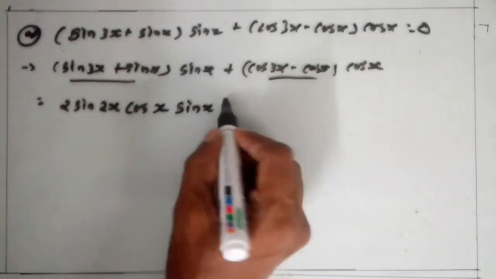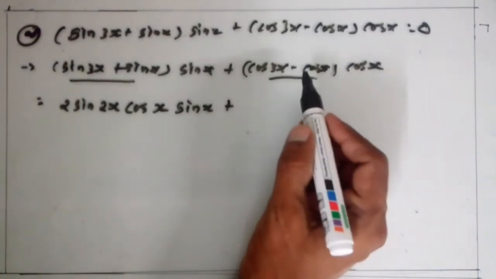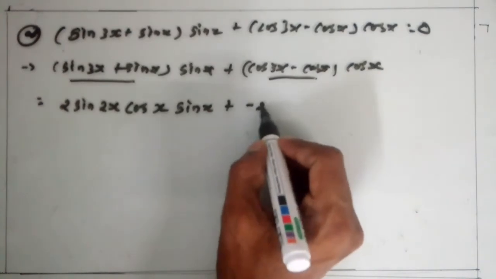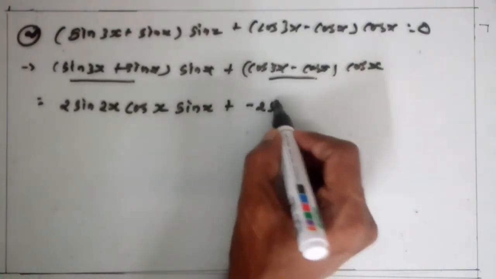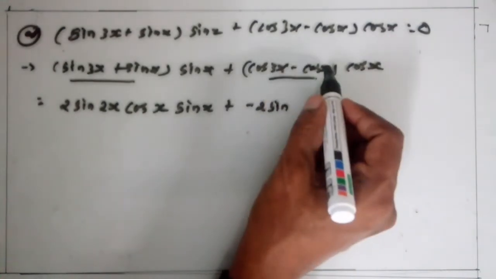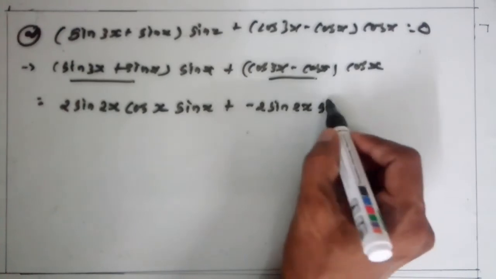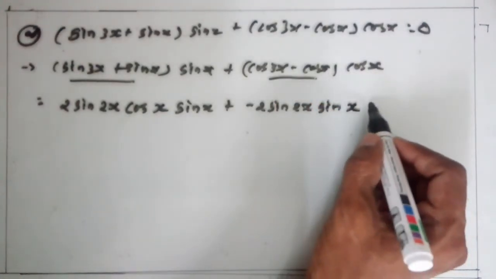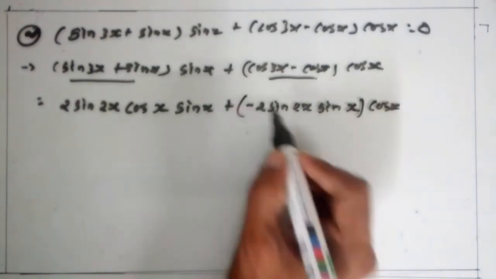Clear? Plus here apply the same: cos C minus cos D is equal to minus 2 sin sin, so minus 2 sin 2x into sin x, into cos x. Clear? Write this into brackets.